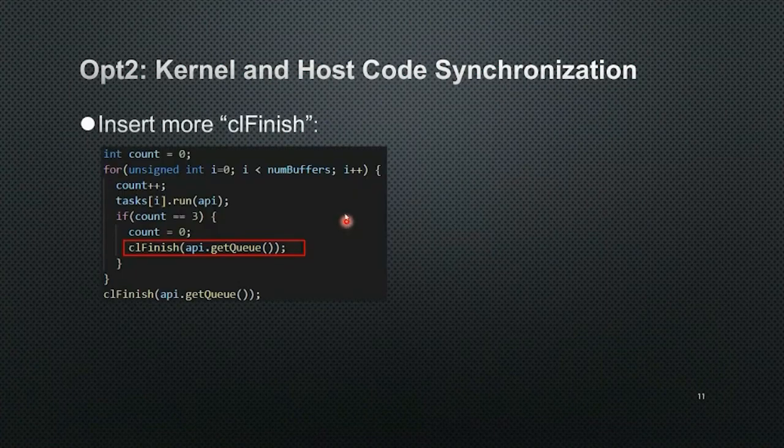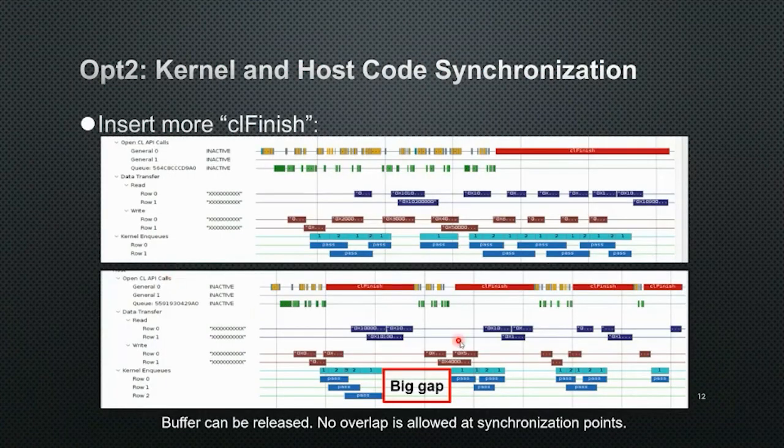So for the first method, here shows an example. For every 3 tasks, we call CL finish once. So the timeline is shown in the lower figure. For 3 tasks, there will be a CL finish.